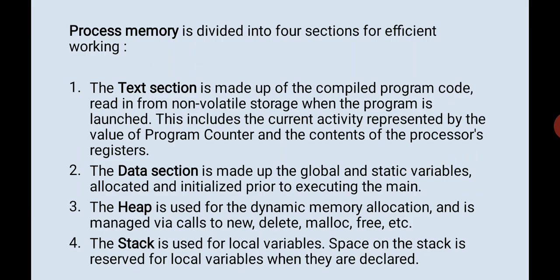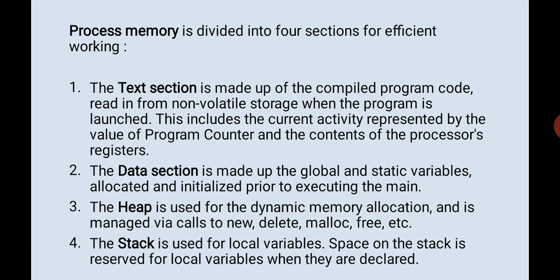The text section is made up of compiled program code read in from non-volatile storage when the program is launched. The text section includes the current activity represented by the value of the program counter and the contents of the processor's registers.